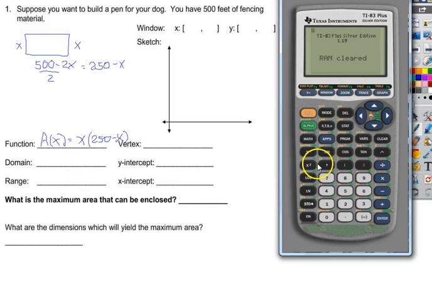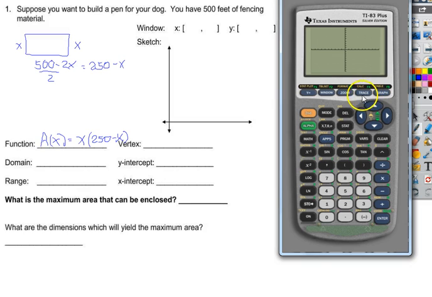We're going to go ahead and enter our equation in the y equals, and what we have is x times 250 minus x. Close the parentheses. We're going to hit graph, and when we do, nothing shows up.